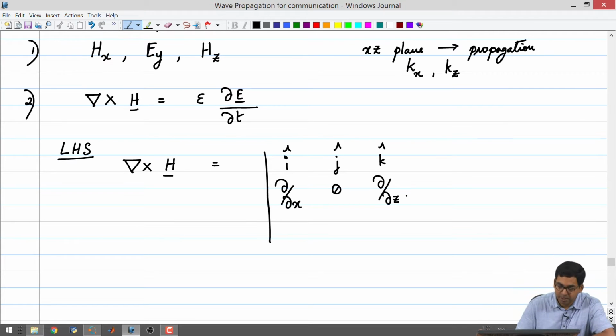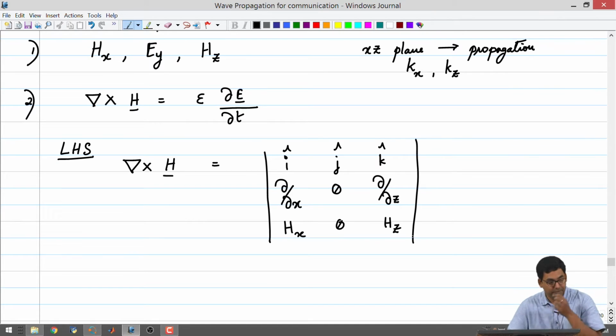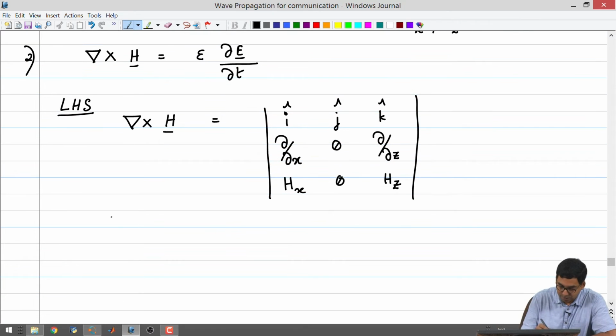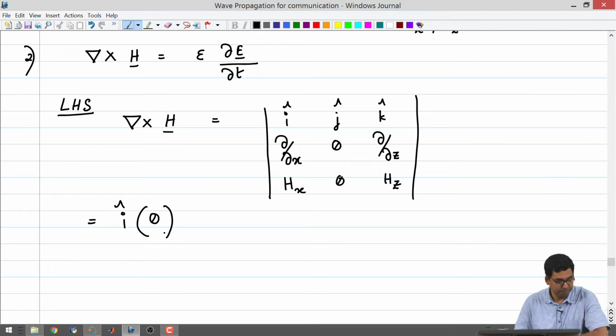H has x and z components, so I write Hx, 0, Hz. Now we expand this determinant. The i hat coefficient is 0 multiplied with 0, so it is 0.